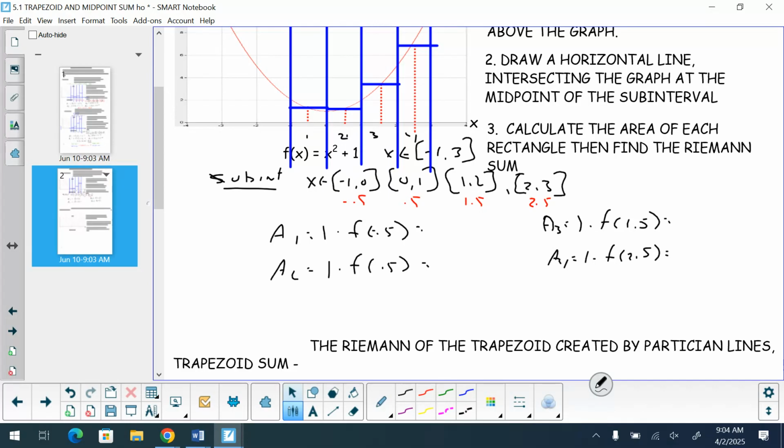So we have 0.25 here. Then we have 1.5 squared, which is 2.25. So we have 1 times 2.25. And then 2.5 squared is 6.25.